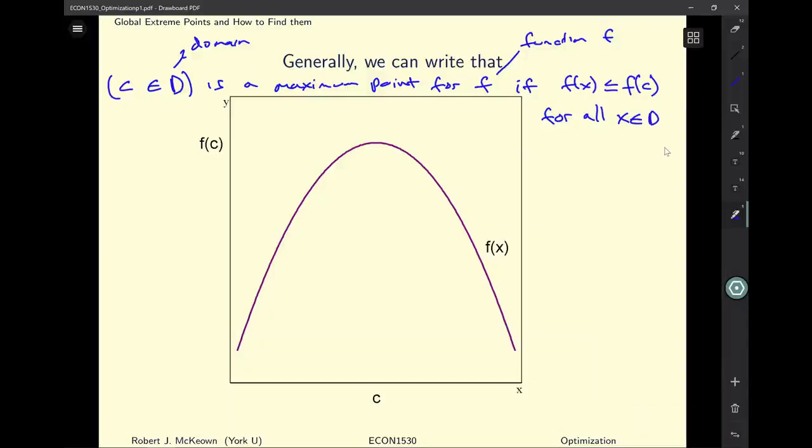And so if we look at the graph, we have a graphical illustration of this very formal point above.